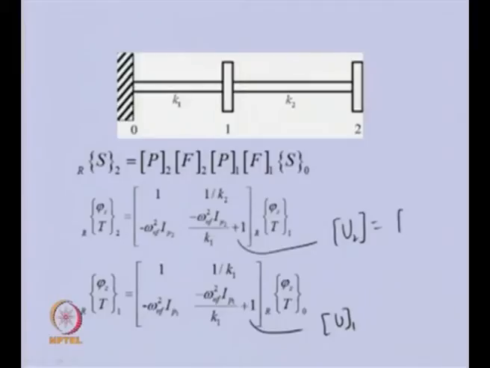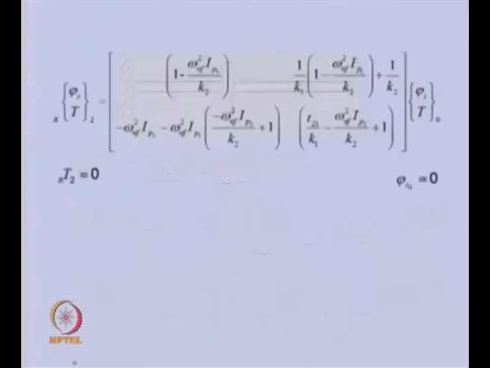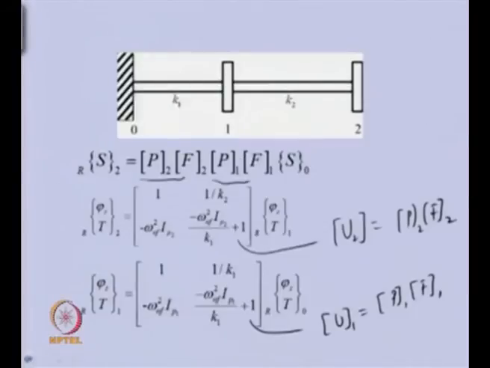This is nothing but P2 into F2, and this is nothing but P1 into F1. We can multiply these two, so basically this is U2 multiplied by U1. This is a 2 by 2 matrix, but it has more terms.